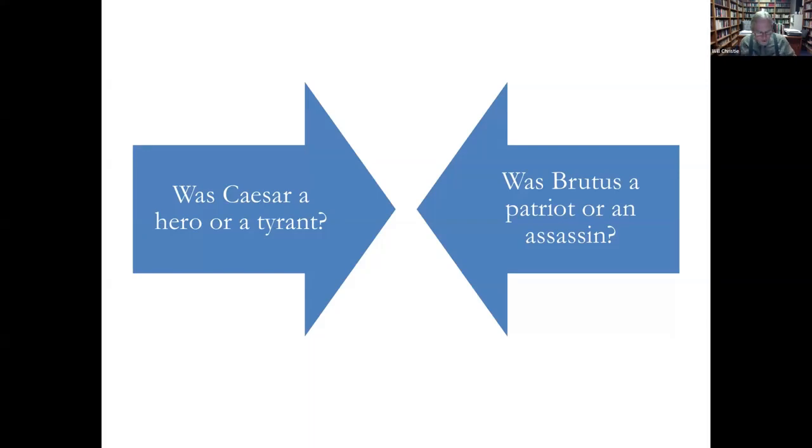If Shakespeare's audience was or is looking for enlightenment, however, they are likely to be disappointed.